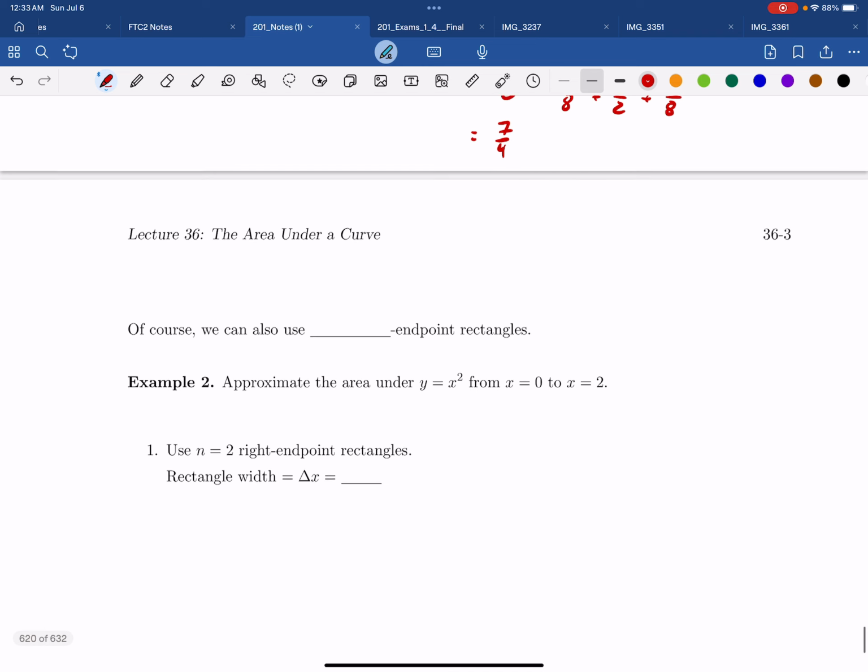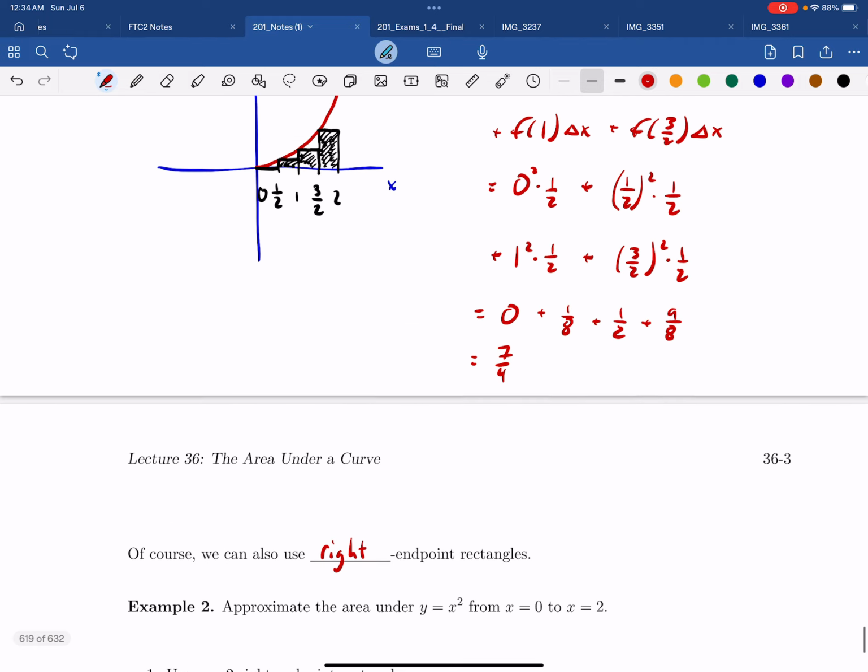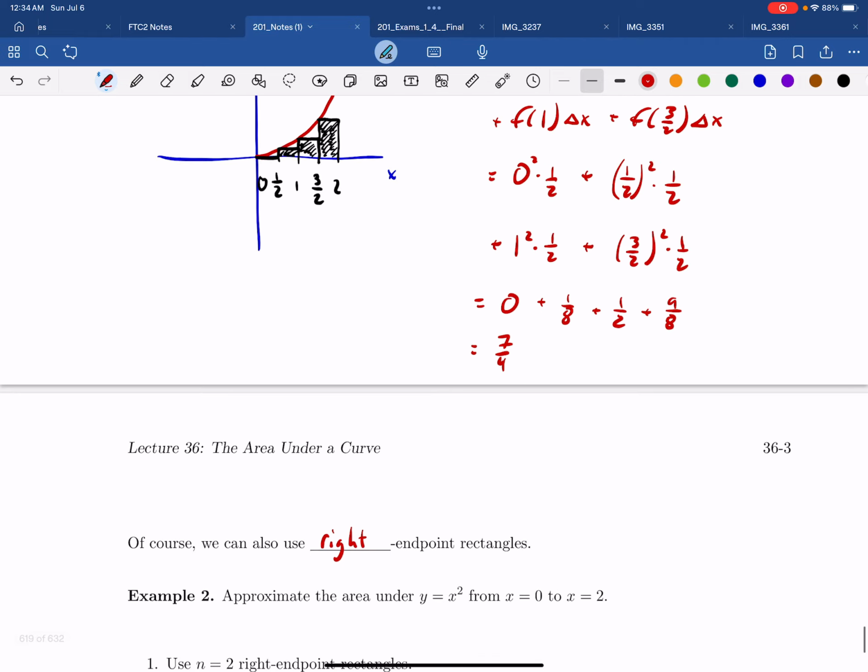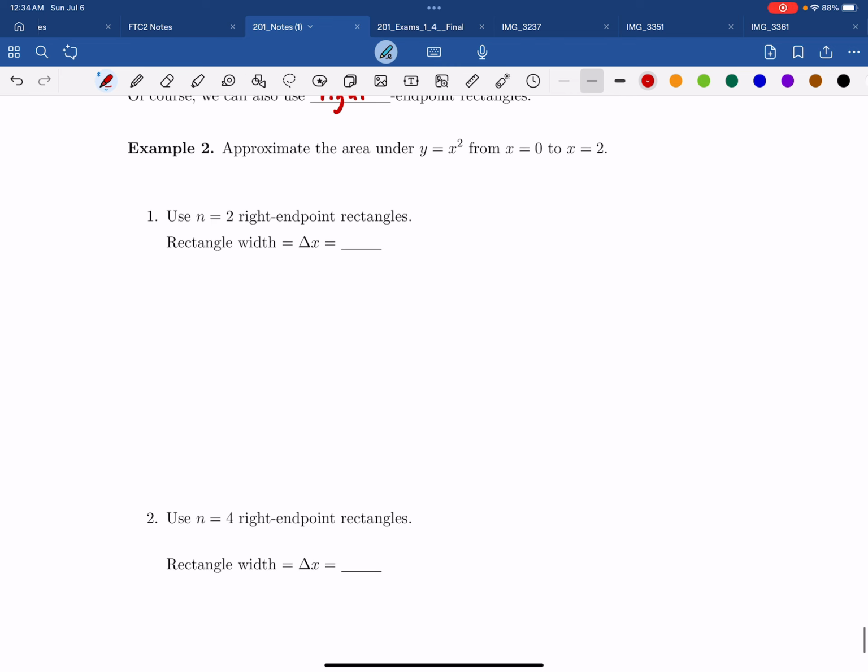Okay. Now, just to point out, we also could use right endpoint rectangles, right? Which is the same exact thing, except we're using the right endpoints. I'll redraw the thing, same curve. The rectangle width is going to be the same as before if we're using two rectangles, because that depends on the number of rectangles, not on the endpoints.